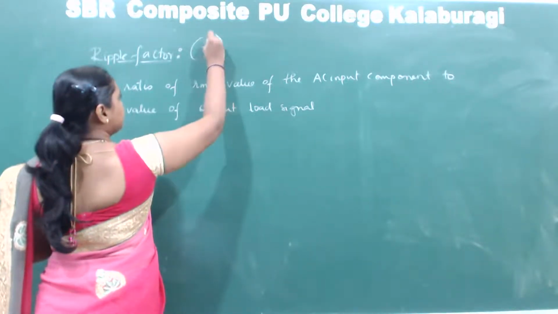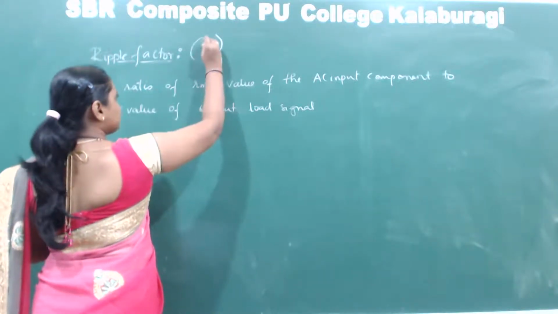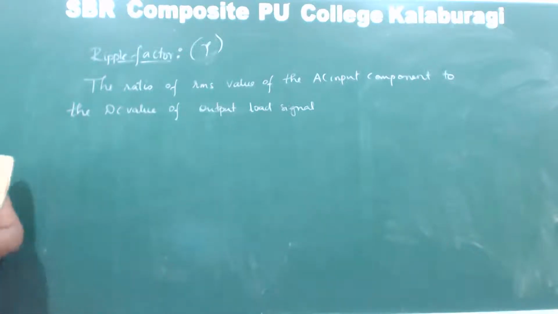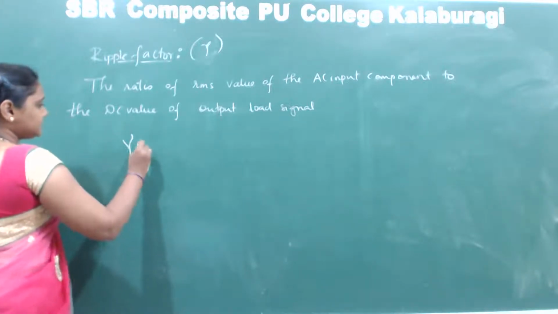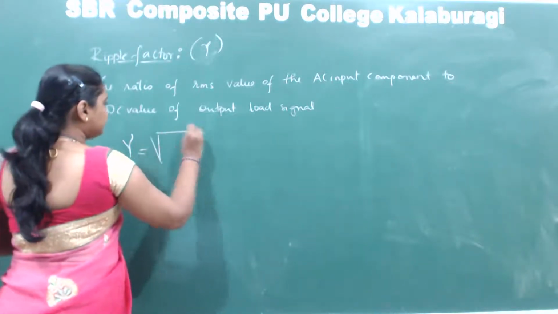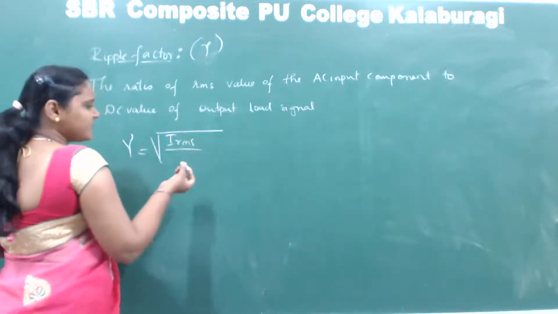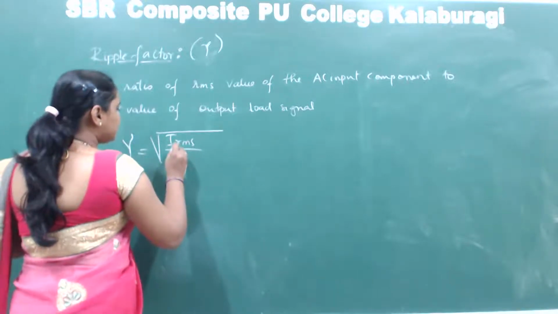gamma. It is represented by the symbol gamma, and it is given by the square root of (IRMS by IDC) whole square minus 1. I am writing it with respect to the current; we can also write it with respect to the voltage.